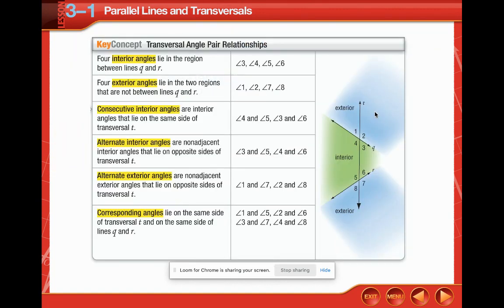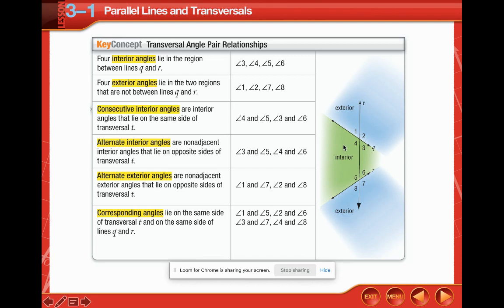Okay, so now we get into identifying pairs of angles, and there's one part that you really need to focus on. We've got our transversal, which is this line right here, T, and then we've got our two lines, Q and R. When the transversal cuts through these two lines, we've got an interior and two exteriors.